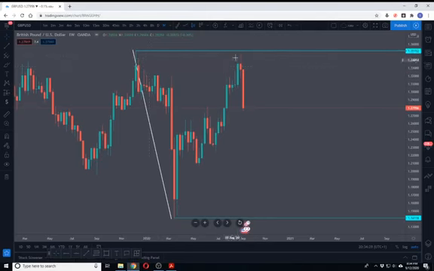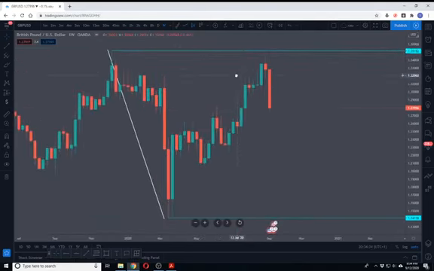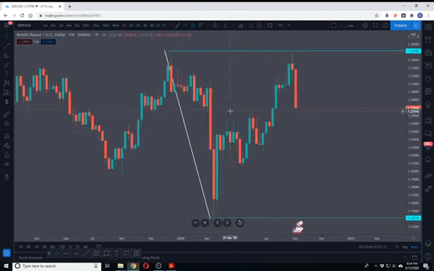It will mitigate the orders much higher up, and then it will continue to move down. So when you're looking at a market structure, what you need to look for is, what are we expecting next?